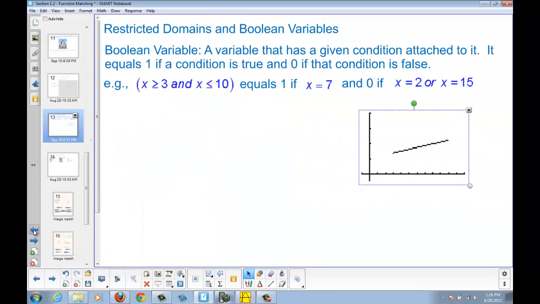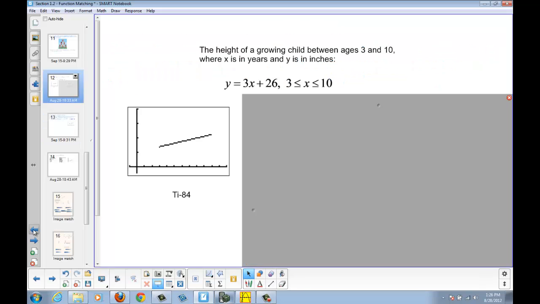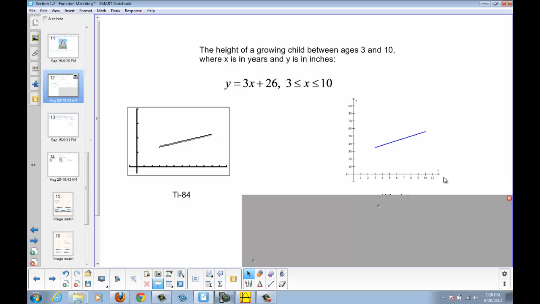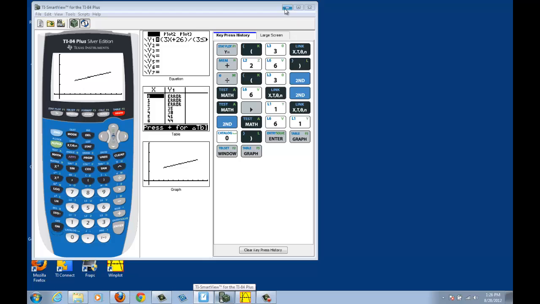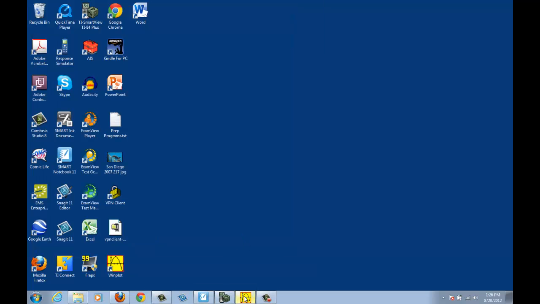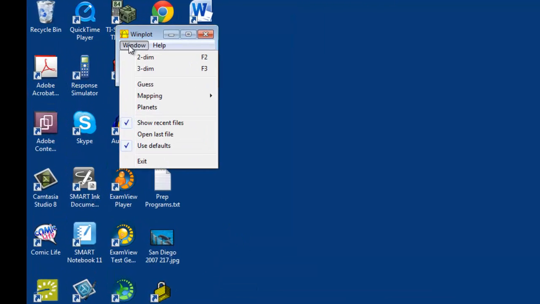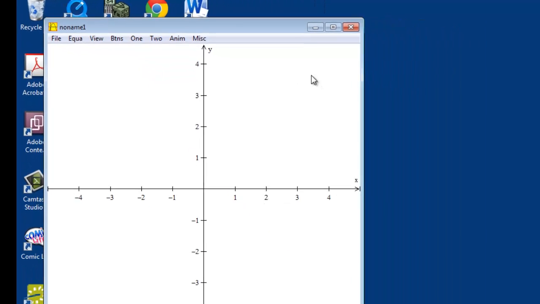Now we'd also like to be able to reproduce this graph in other types of software, like WinPlot, and we could do that. We'd like something that looks like this. And in WinPlot, it's actually even easier to recreate the graph. We'll call up WinPlot. We'll use the two-dimensional screen.